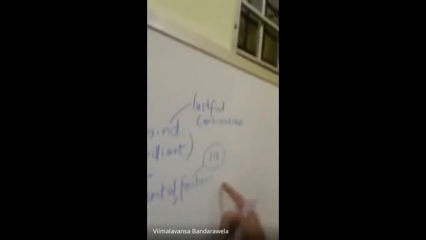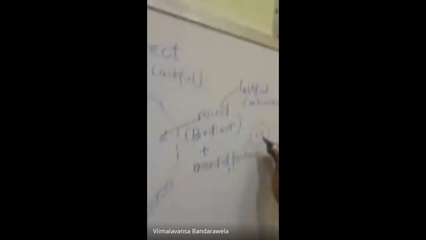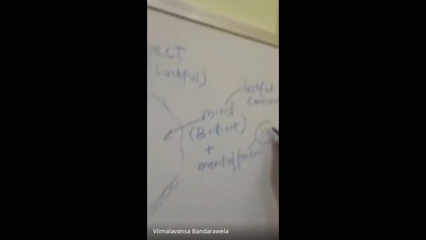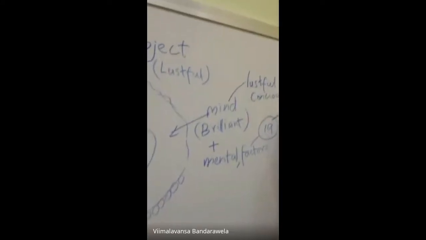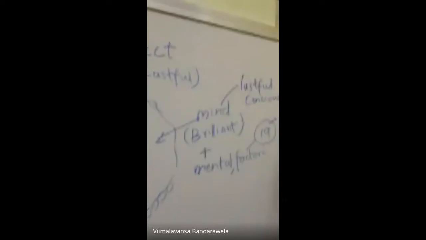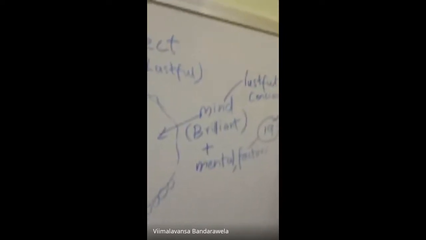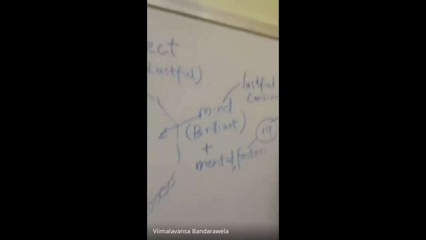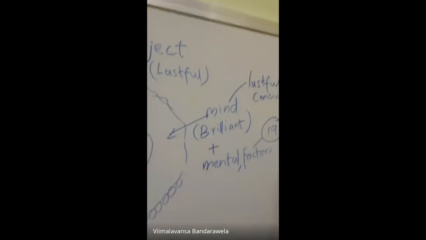Associated with 19 mental factors, especially if it is lustful. If it is lustful consciousness, you need these mental factors. First one is lobha cetasika, or we can say craving, right?